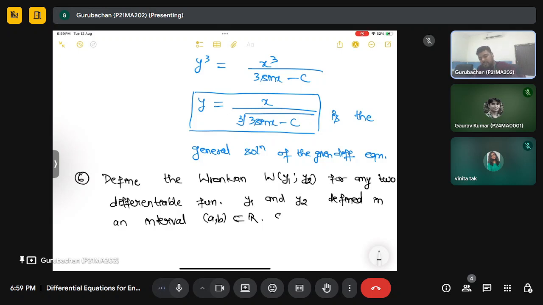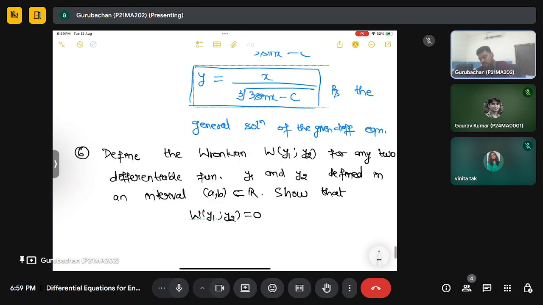The next task is to show that this W(y1, y2) is 0 if y1 and y2 are linearly dependent.